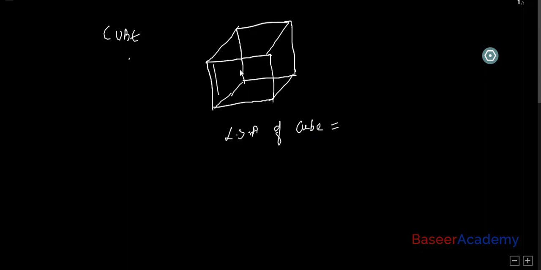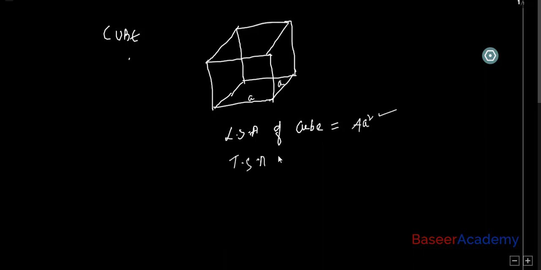Let's say I represent the side of a cube with the letter a. Each side here is a. The lateral surface area would be 4a square, because the area of each wall would be a square. So the area of four walls is 4a square.